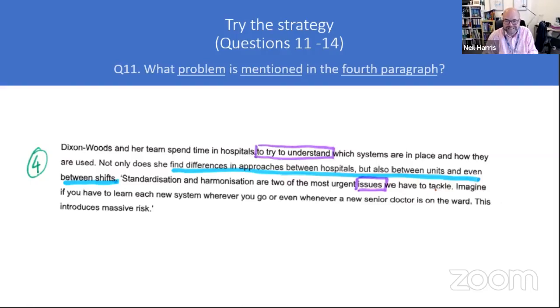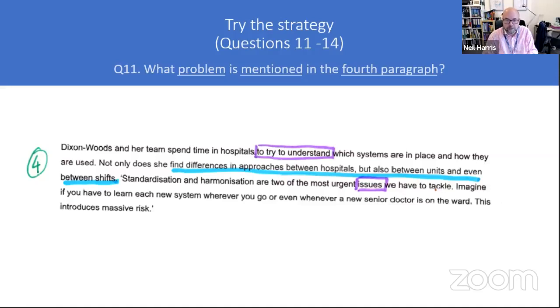They have different ways. But also in the same hospital, different units are doing things in different ways. And in fact, even in one place, maybe it's a ward, there is a difference in approach between staff on different shifts.